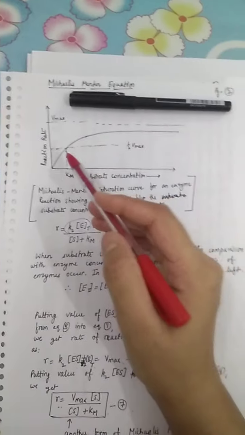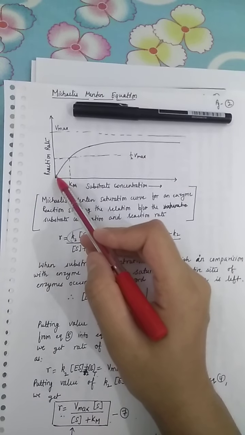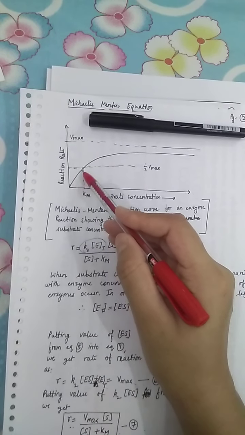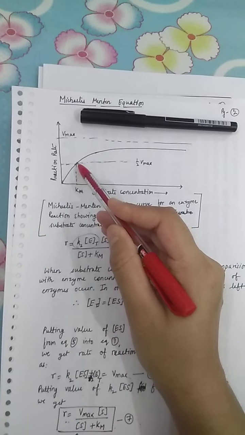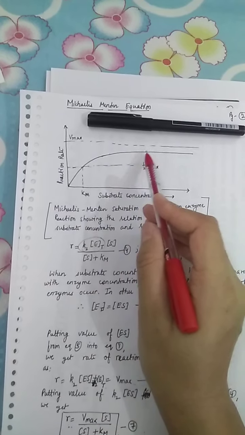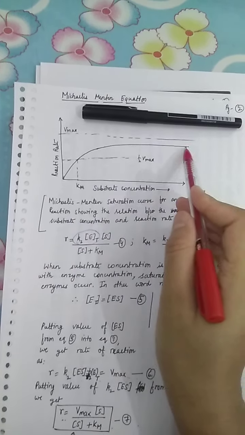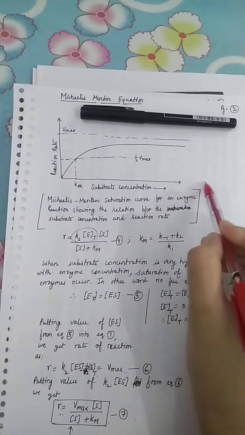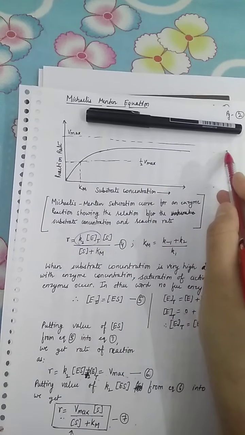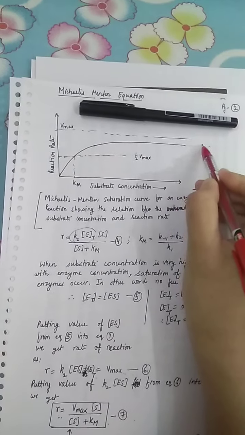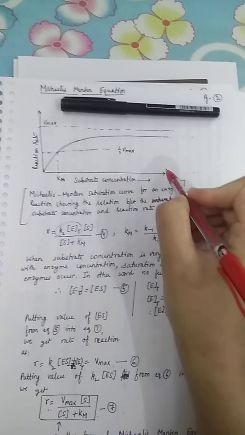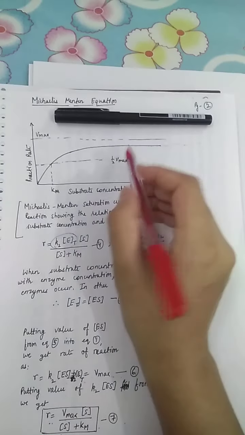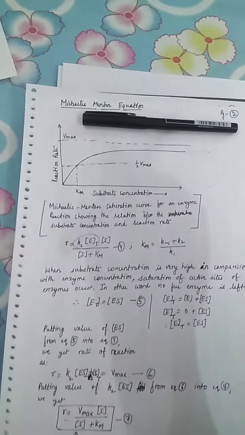Alright, so from this plot we can clearly see that the rate of reaction initially increases, and this is a straight line graph up to some point and then becomes curved, and after some point this becomes a straight graph parallel to our substrate concentration axis. On further increasing the substrate concentration, the rate becomes equal to Vmax. So here we are getting a plateau kind of graph.